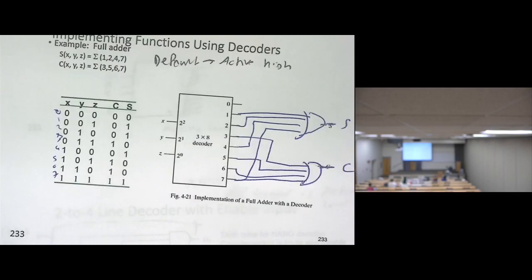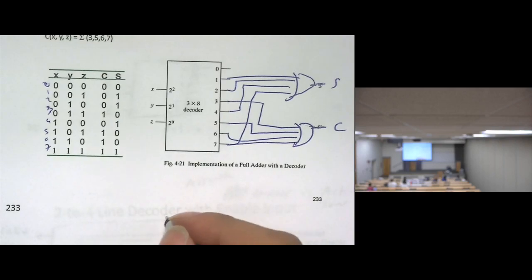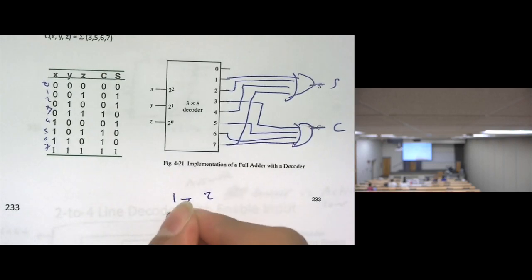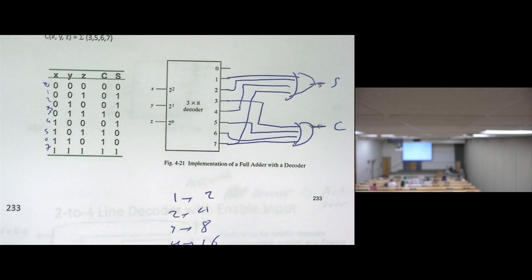Now, we talked about how when we have one variable, we have two outputs. Two variables, we have 4. 3 variables, we have 8. 4 variables, we have 16.